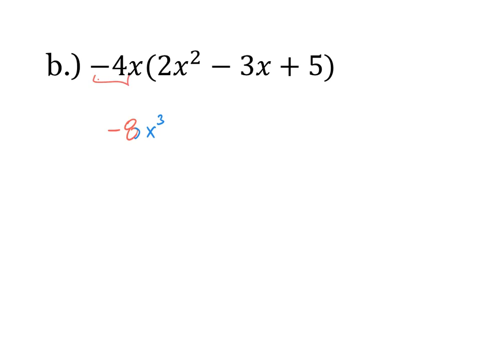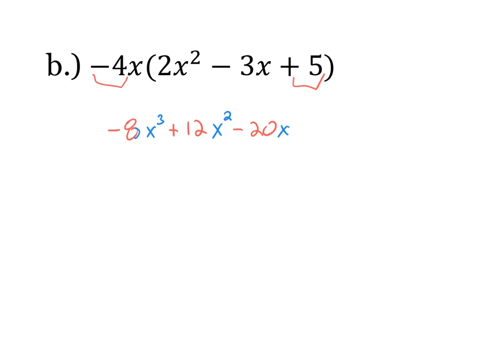Then we have -4 times -3, and negative times a negative is a positive, so plus 12. And then x times x, add those exponents, we get x squared. And then lastly, -4 times -5 gives us -20, and then don't forget about that x.